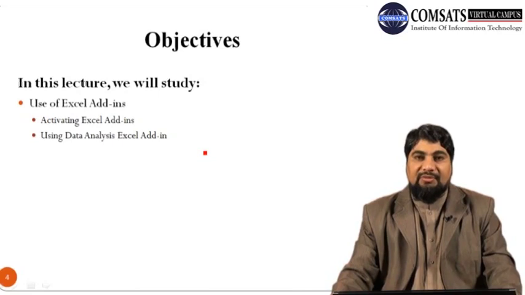Add-ins are actually small programs which we can use in conjunction with Excel to perform different functions quite easily. So we will discuss how we can activate different add-ins in Microsoft Excel and how we can use them. In particular, we will discuss the Data Analysis Excel add-in, which is mostly used by statisticians, and it can perform many functions in statistics. So let's start.